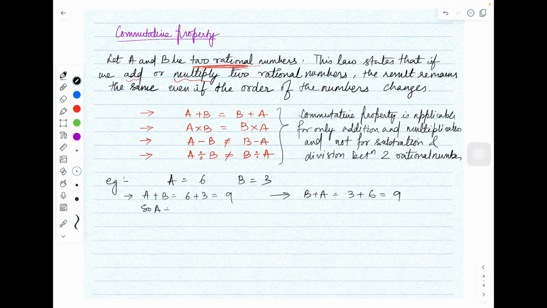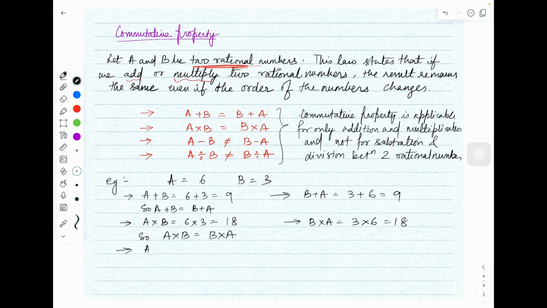So a plus b equals b plus a. Then again, a into b equals 6 into 3 equals 18. b into a equals 3 into 6 equals 18. So a into b equals b into a.